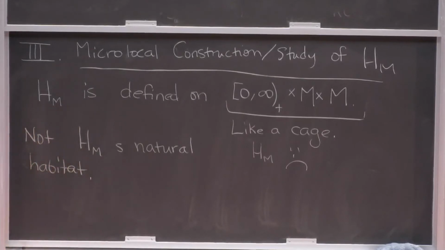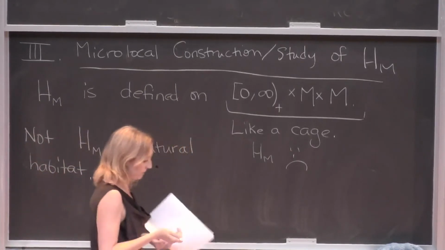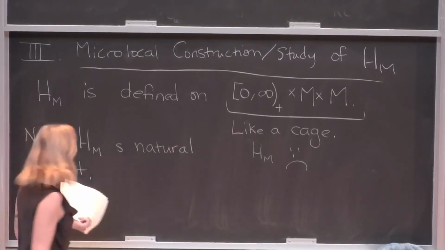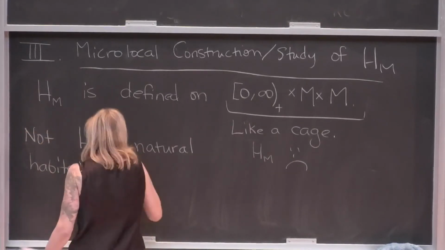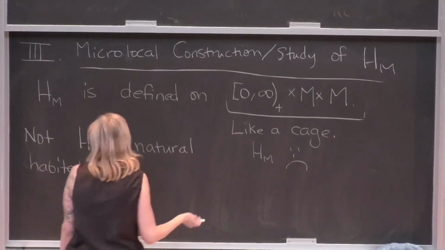So we want to make HM happy so that we can study it and understand it. Just like an animal, if it's happy, we'll have a better time studying and understanding it. So what are we going to do to this cage? Blow it up. Exactly. We're going to make it bigger so that HM is happier roaming around in there. So we want to make this more like HM's natural habitat, or even make it HM's natural habitat.